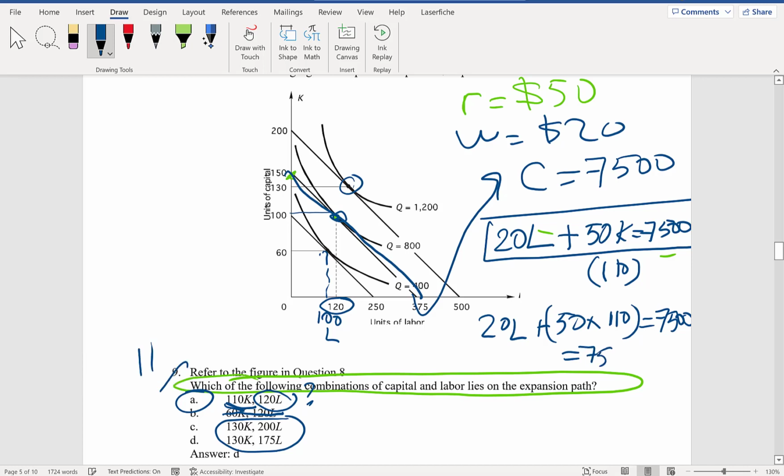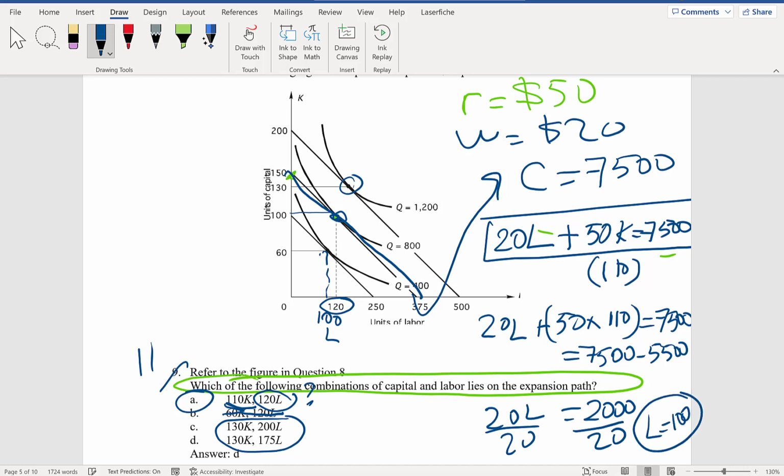So 7,500 minus 5,500, that's $2,000. 20L, divide everything by 20. Okay, L is going to be 100. So this is wrong, because if you put 110 capital, labor is supposed to be 100.